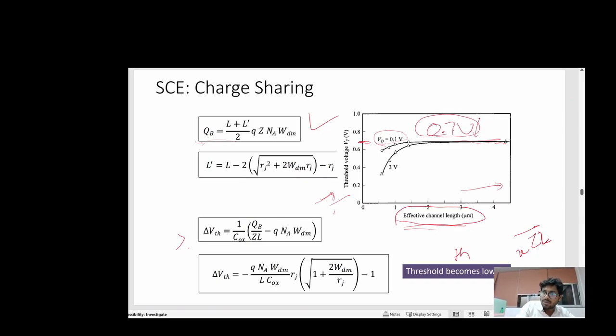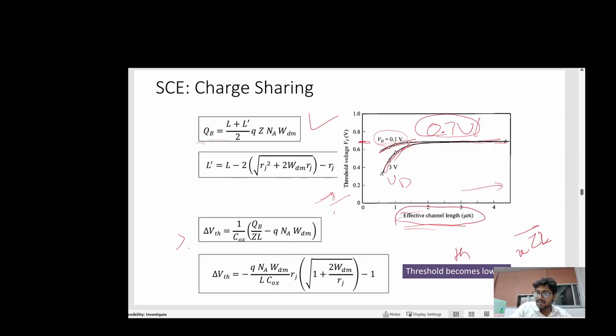When you decrease the channel length, the threshold voltage also decreases. If you apply more VD, this is the curve for VD equal to 3 volts. This is the curve for VD equal to 0.1 volts.